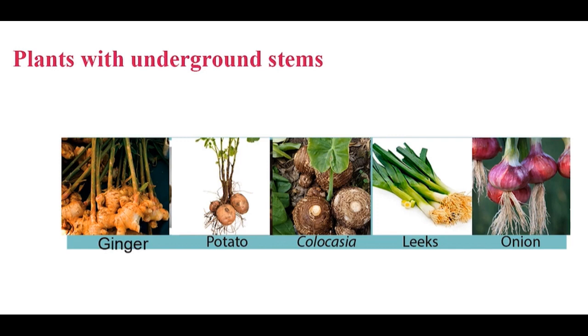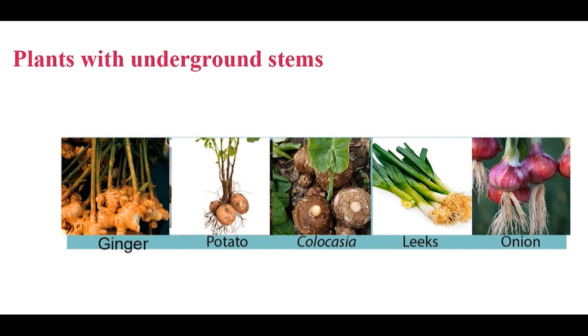Right, children. Did you see the examples for these types of plants with underground stems? I hope now it's very clear. Remember how I showed you that the stem-like part is not a real stem? So this ginger, potato, they all come under underground stems. So children, what is the importance of the presence of these underground stems?